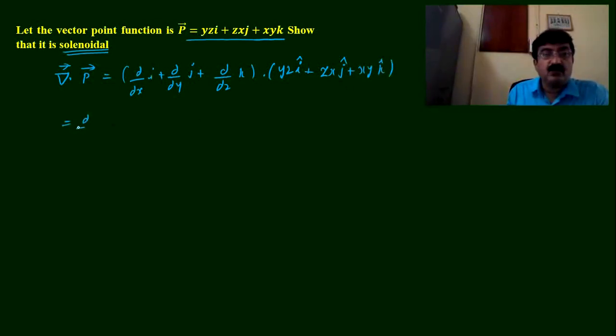Okay, that is dou by dou x of the first term only, yz, plus dou by dou y of the second term alone, that is zx, plus dou by dou z of the third term alone, that is xy.